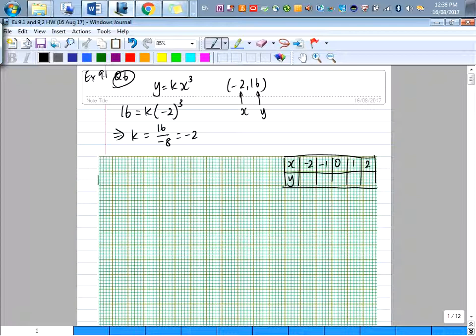So table of values according to the equation y equals -2x cubed, because we already found the value of k to be -2. So fill in the values accordingly, we will get 16, 2, 0, -2 and -16.